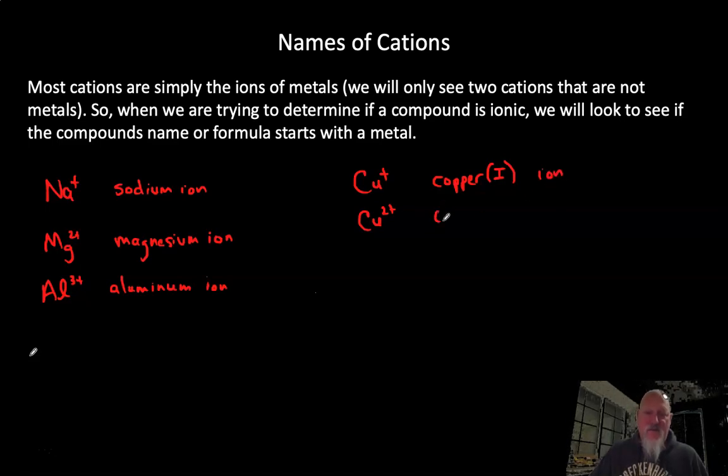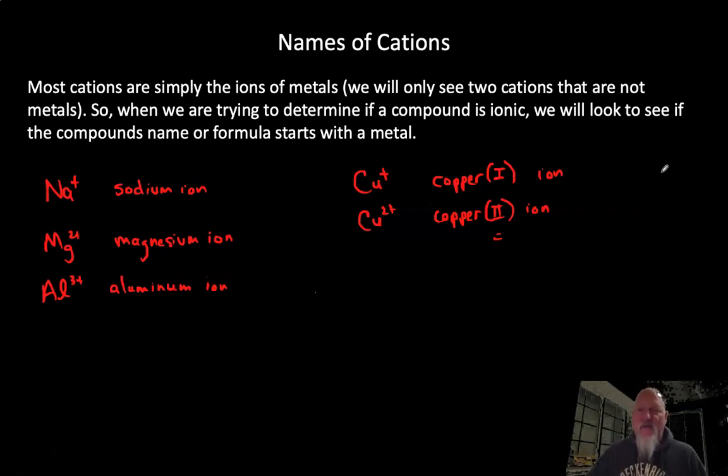And Cu2+ is called the copper(II) ion, where the Roman numerals tell you the charge of the ion. So copper(I) ion is Cu+, copper(II) ion is the Cu2+ ion. Okay, the Roman numerals are the charge.